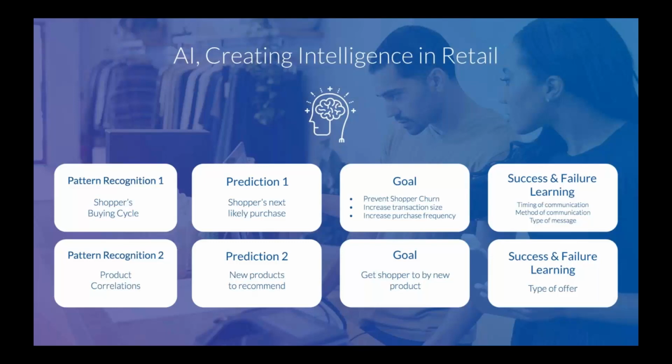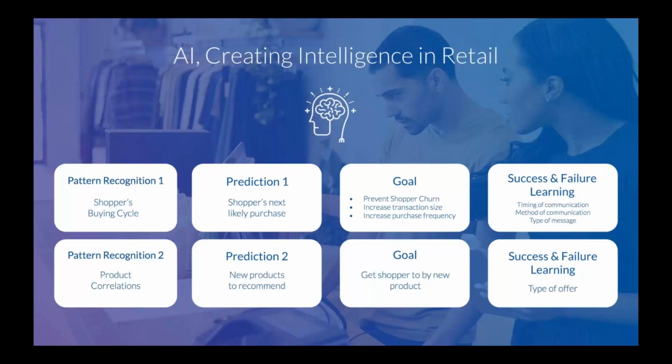Pattern two is an example of a more complex pattern that an AI is capable of recognizing, analyzing, and acting on. So this is a product correlation pattern. In this type of pattern, the machine is actually looking at multiple layers of data. So the first thing it's going to look at is products like Nike sneakers. It then looks at shoppers that are purchasing Nike sneakers and looks to see if these shoppers are also purchasing any other product frequently. Let's say that the AI recognizes that people who purchase Nike shoes also correlate highly with the purchase of Dr. Scholl's insoles.